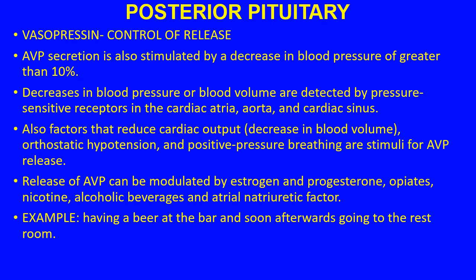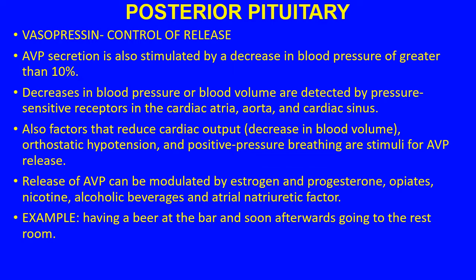Let me just give you the best common example. You go with your friends and you're having a beer at the bar. After a bit, you say, oh, well, I had the beer, now I have to go to the bathroom, if you'll excuse me, and you go off to the restroom. Okay, folks, it's not the fluid in the beer that made you go to the bathroom.